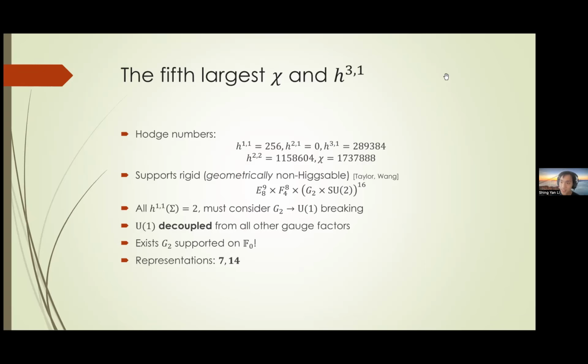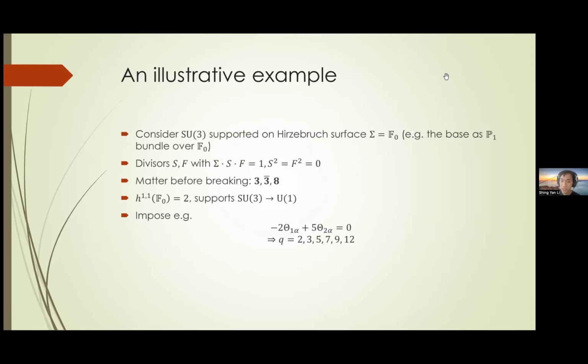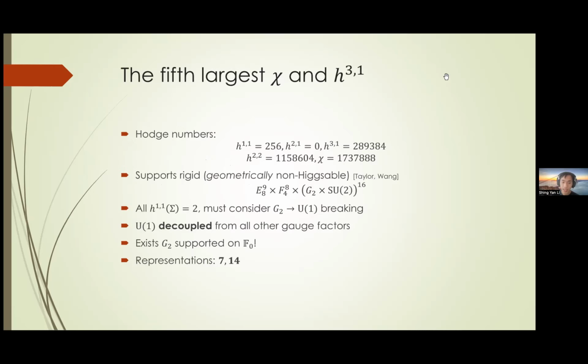That is really good for us because for F0, as I showed you before, the intersection numbers are very small. It's just 1 and 0. If we picked the largest chi in the KS database, we would get something like a G2 supported on F12, which has much higher intersection numbers, and that would actually give you a smaller charge. So we notice that we can maximize the charge by picking this 5th largest chi geometry.